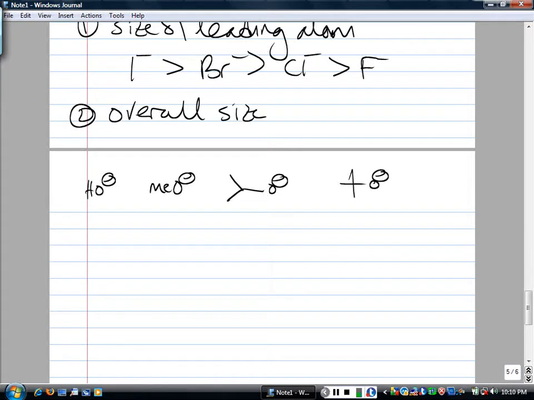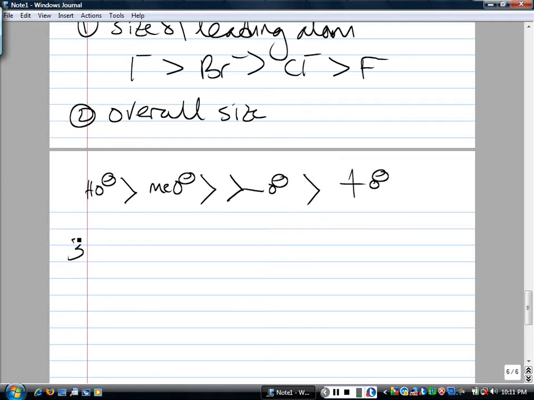So although the larger leading atom is the more nucleophilic, now the smaller overall size becomes a better nucleophile. So bigger is better for the leading atom. Smaller is better for the entire species. Okay? So hydroxide is the superior nucleophile, t-butoxide is the worst.